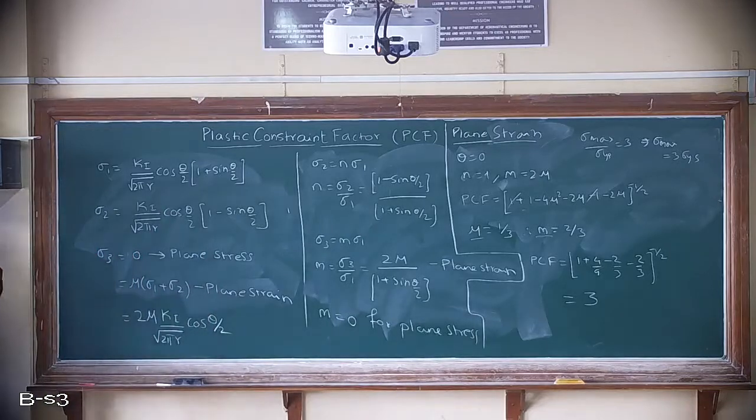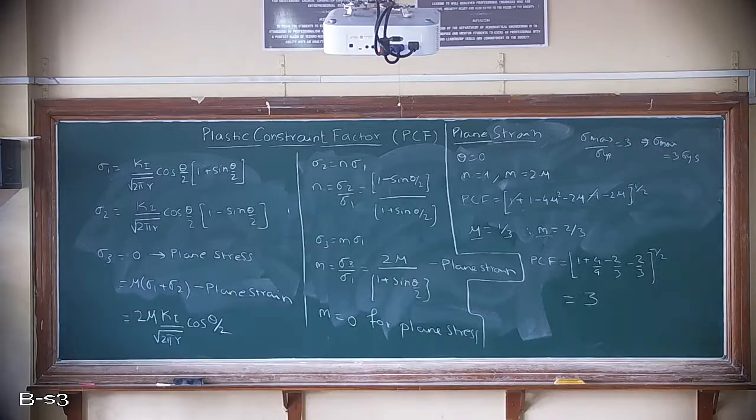If you multiply this plastic constraint factor into the yield stress, it is also called the effective yield stress, that is sigma ys dash. So we can say sigma ys dash will be equal to sigma max.